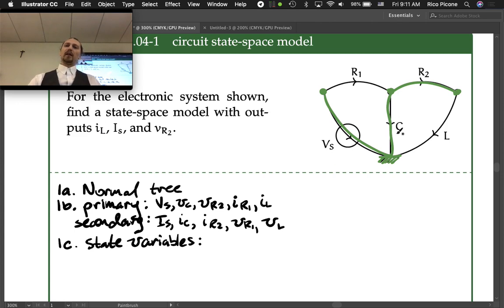We've got an A-type, because the capacitor for an electronic system is the A-type energy storage element, right? So it's an A-type in the normal tree, so it's a branch in the normal tree. So we take its across variable, VC, and there's a T-type here that's in the links. So we take its through variable to be a state variable, IL.